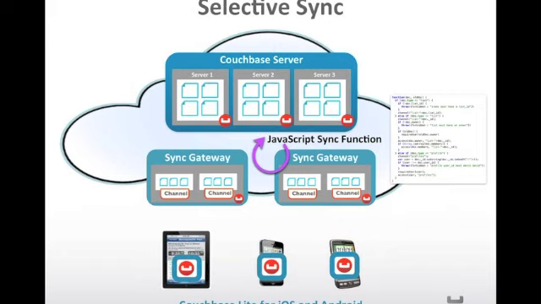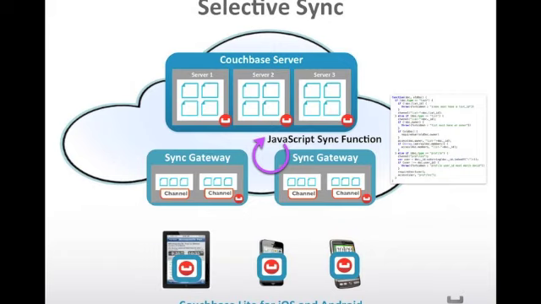So the sync function has this whole API that we'll get into, but in the gist of this case, the write that we saw the client do has been tagged with some channels, and maybe it's also modified the access control list for some channels.